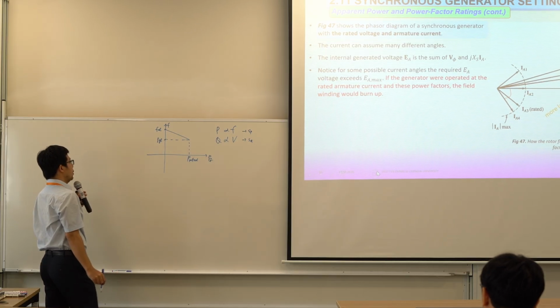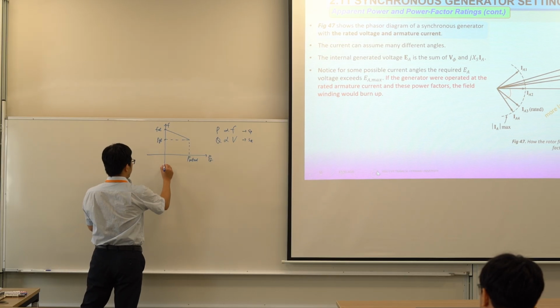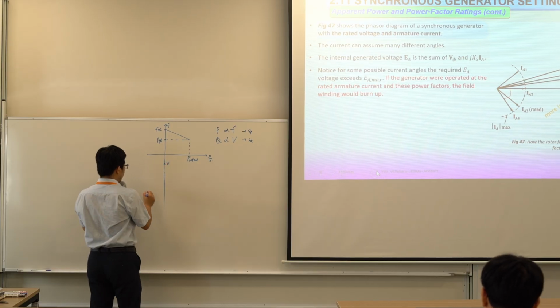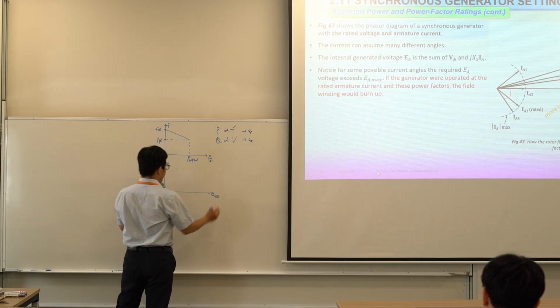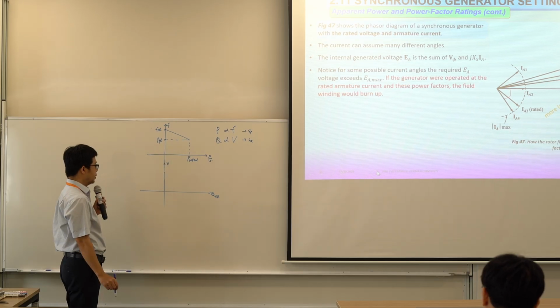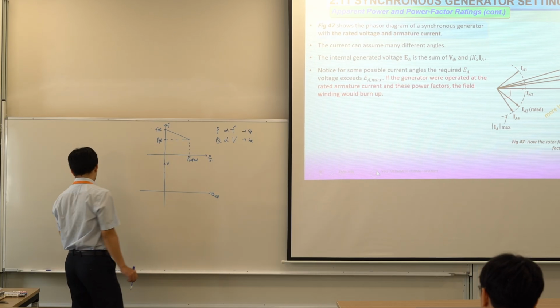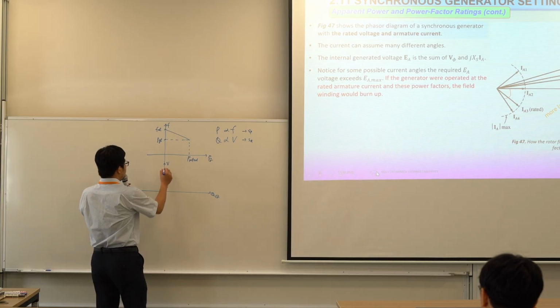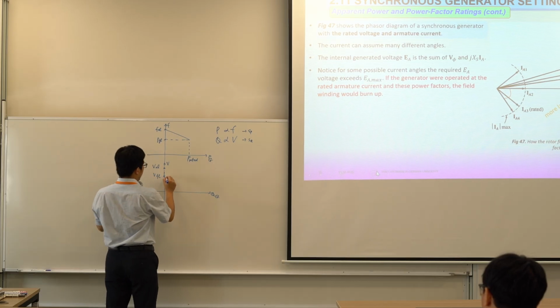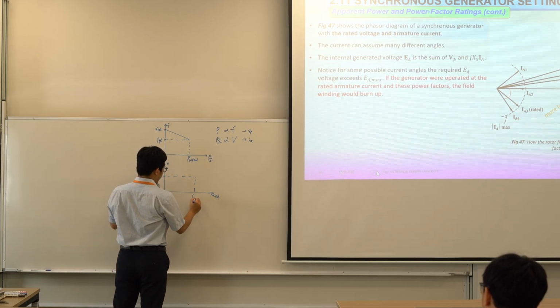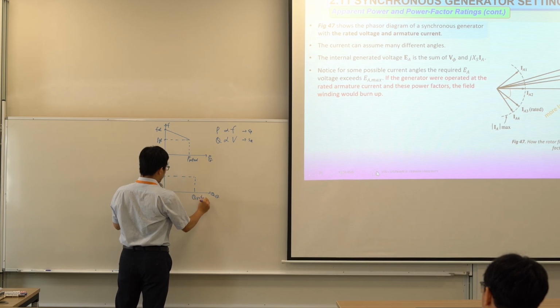Or if here we have V, and this one we have QG, generation reactive power. So we have V no load, V full load, and of course we have Q rated, right?